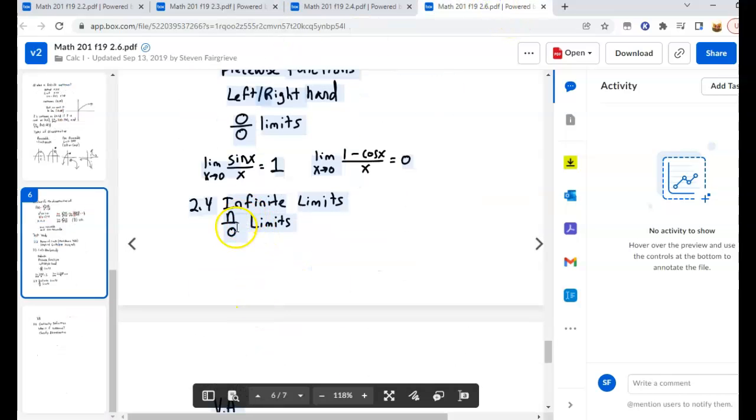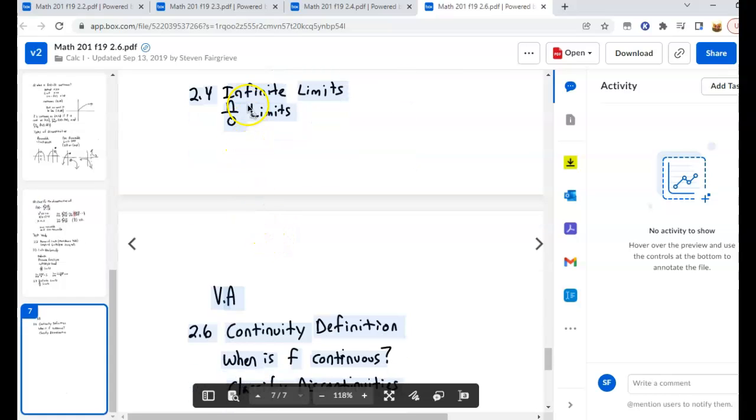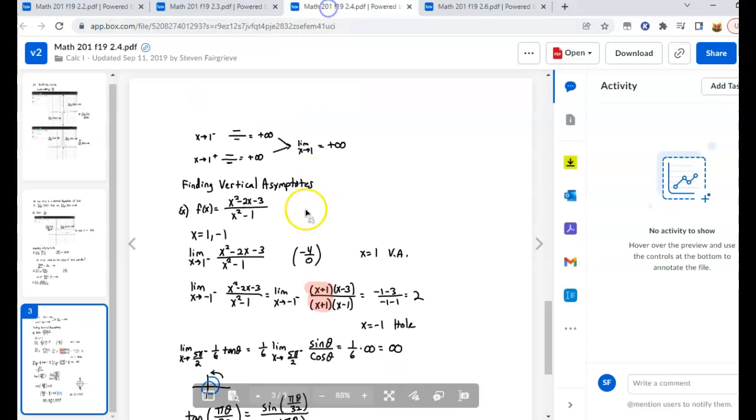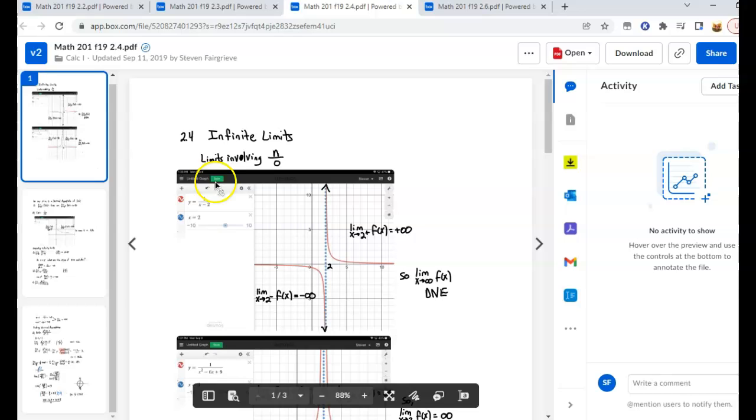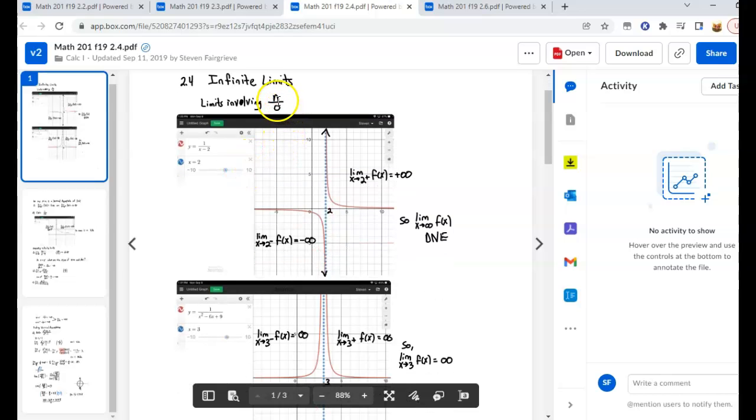And then we moved into a discussion of infinite limits and vertical asymptotes in section 2.4. So if you go into section 2.4, basically any limit involving a number divided by 0 is going to be a situation where it's going to be an infinite limit.